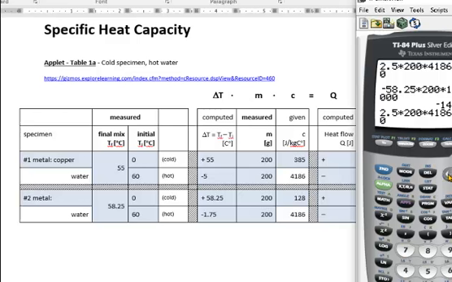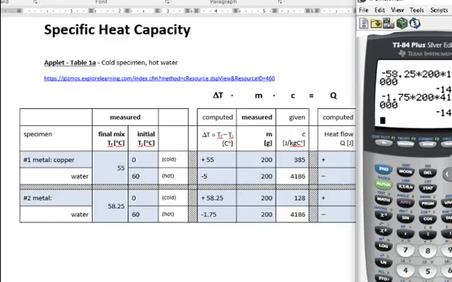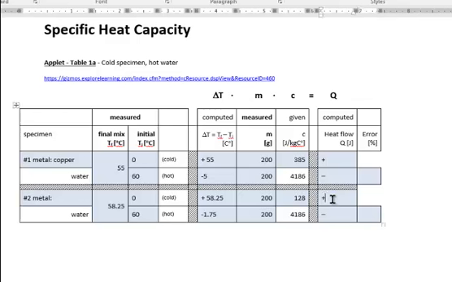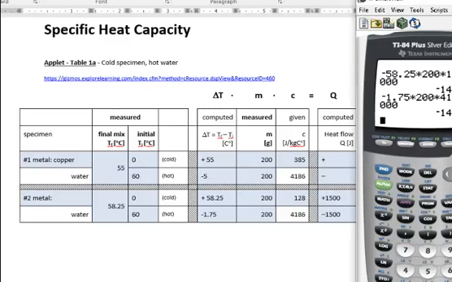Oh yeah, the other one was positive, by the way. Forgot to take the negative out. It's lead, right? Enter both of them, 1,500 rounded. And as I said on the first one, I forgot to take the negative out, so it is positive. And then again, 0% error on this one.